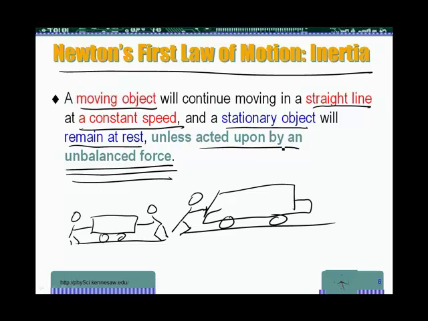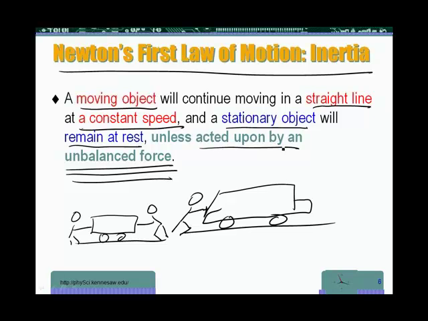Which means an object can be moving at a constant velocity with no forces whatsoever acting on it while it is moving at that constant velocity. It can be moving at a constant velocity when there are two or more forces acting on it that are balanced. Either case, that's all right.